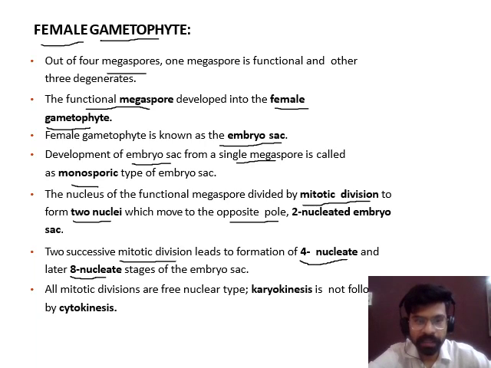In this, all the mitotic divisions are free nuclear type. Note down, only nuclear division takes place, cytokinesis does not take place. Karyokinesis: kinesis means division, karyo means related to the nucleus. So in this female gametophyte formation, only nuclear division takes place, but no cytoplasm is divided. Only karyokinesis takes place. Note down, important point.